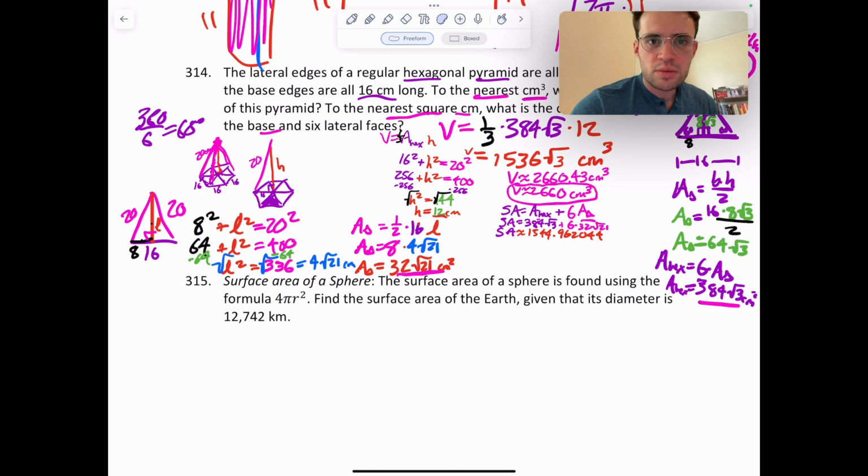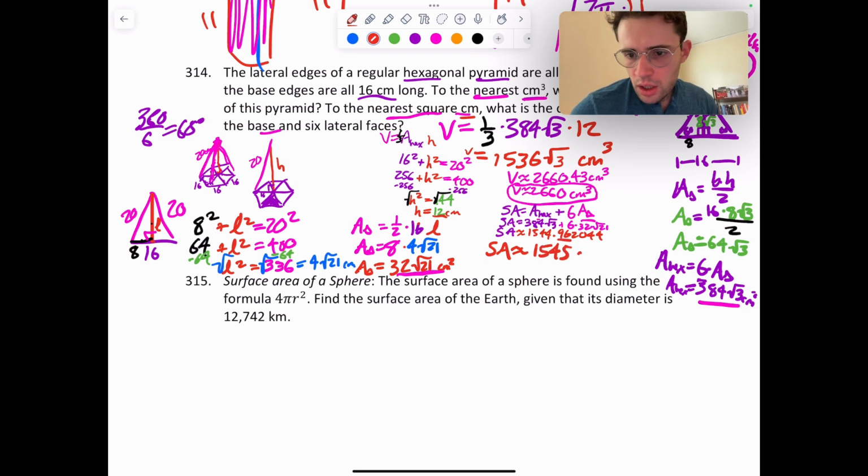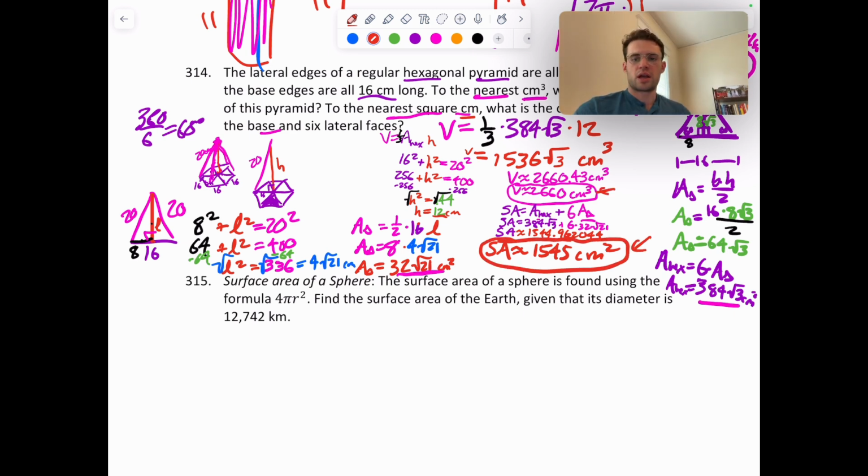We're rounding that to the nearest square centimeter. So we could say the surface area is about equal to 1,545, right? 96 rounds up, centimeters squared. That would be our rounded surface area and our rounded volume.